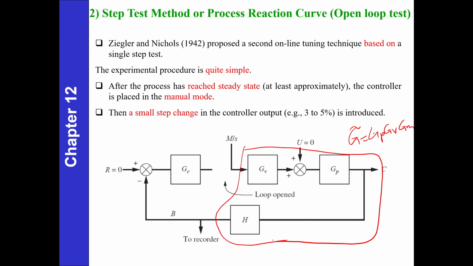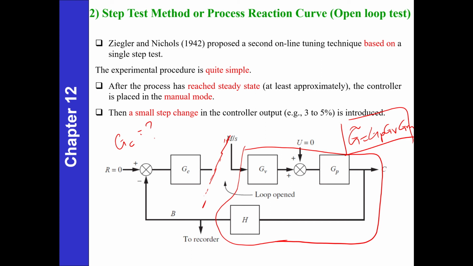So the experimental procedure is quite simple. When the process reaches a steady state, our controller is placed in manual mode so that we disconnect our controller. We disconnect our controller because we want to find the model. Remember last time that we derived, we wanted to find a G, right? Same goes here.